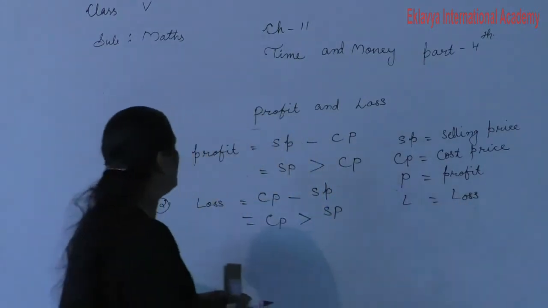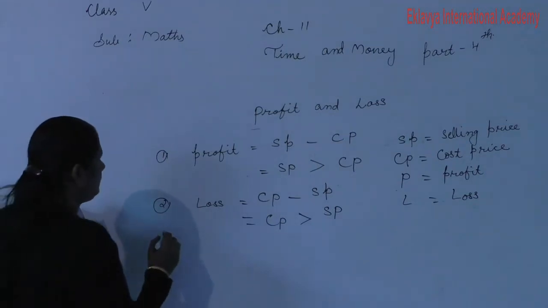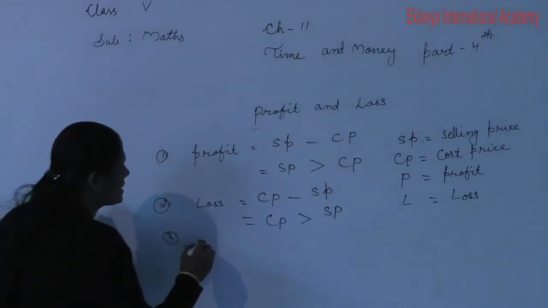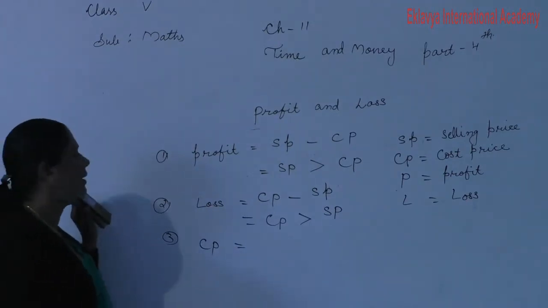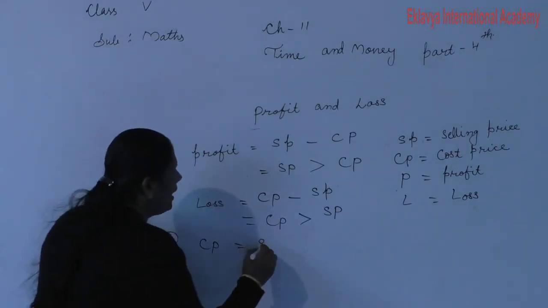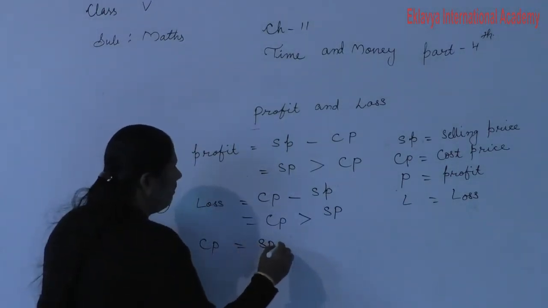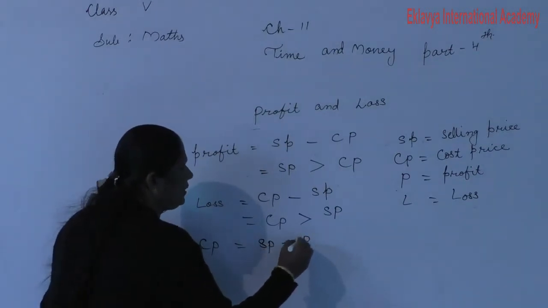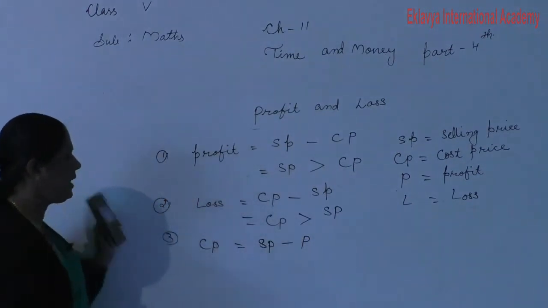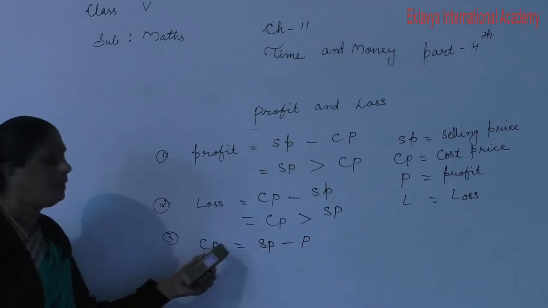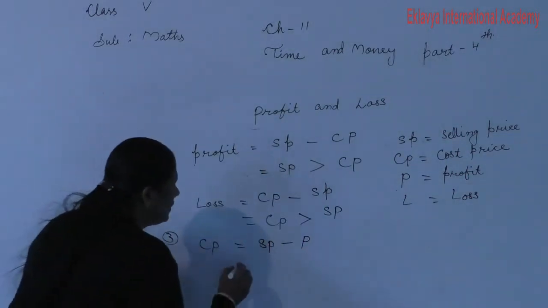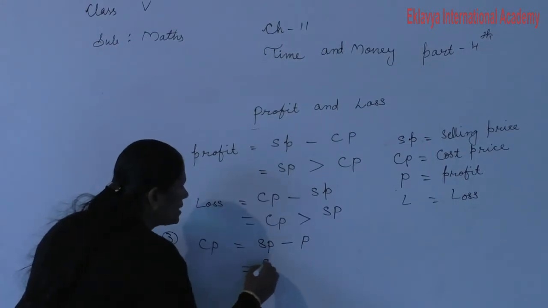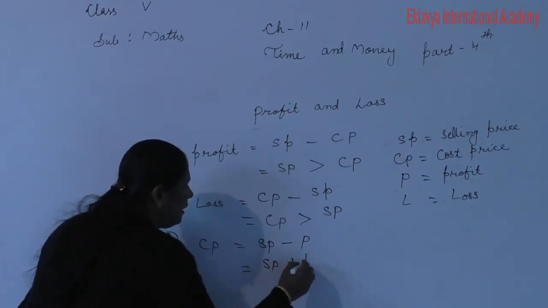Then the third formula: CP is equal to SP minus profit. Then the second formula: SP plus loss.